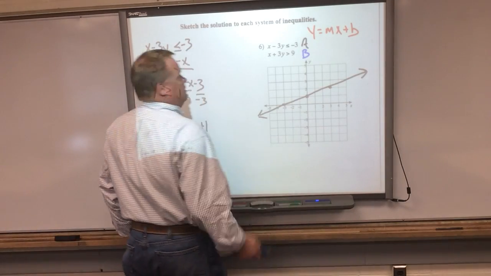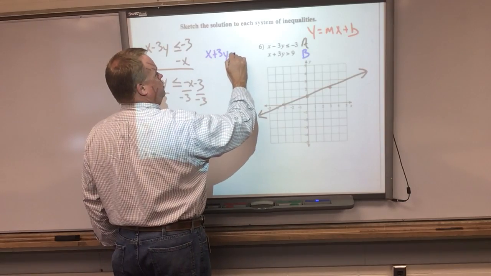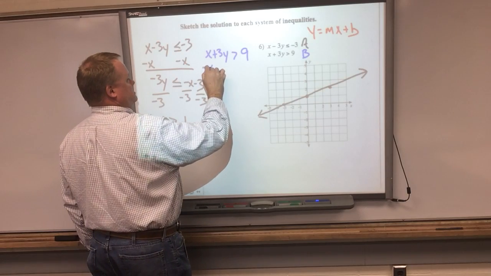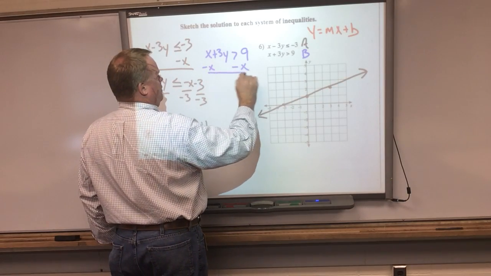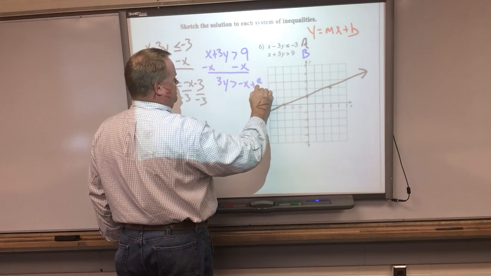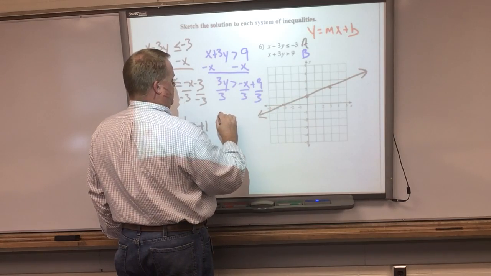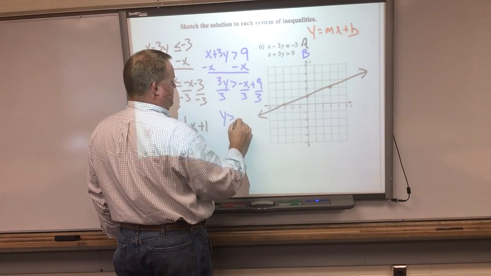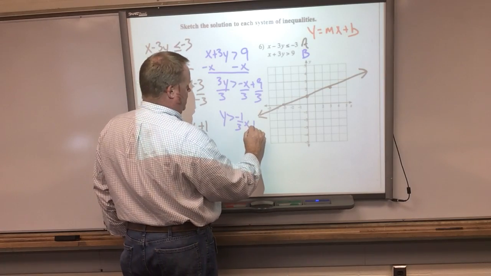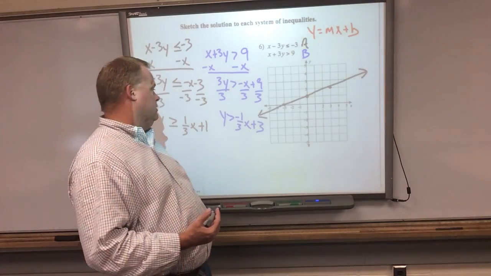The second inequality, x plus 3y greater than 9. Once again, I need to move my x to the other side, so I subtract it, leaving me 3y greater than negative x plus 9. And I need to divide by 3. This gives me y greater than negative 1/3 x plus 3. 9 divided by 3 is just 3.